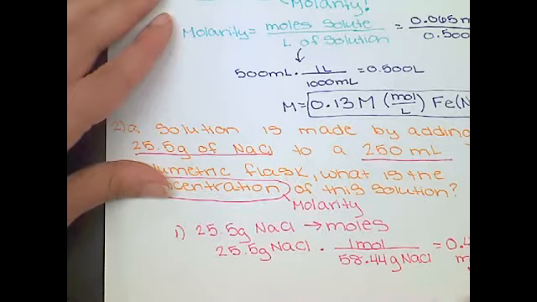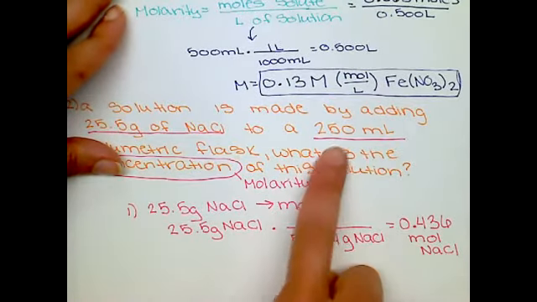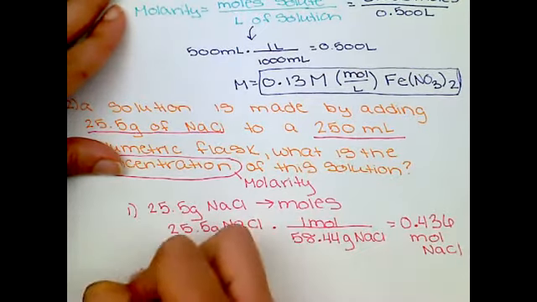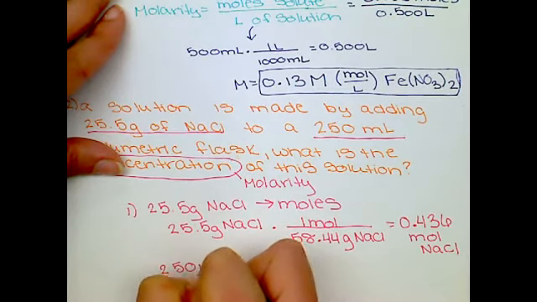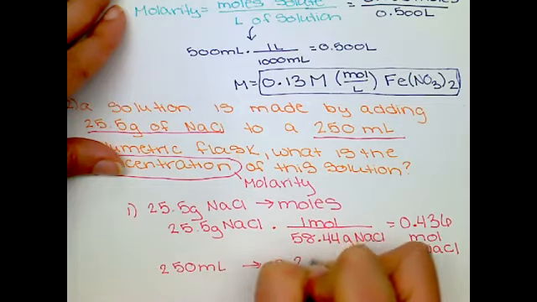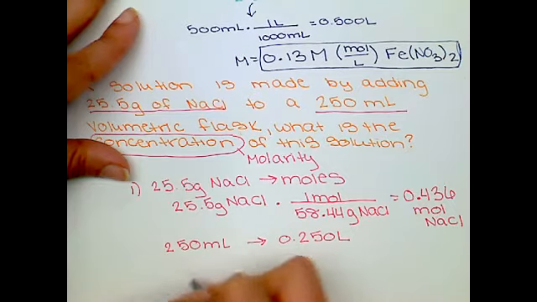Now that I have my moles, I can start plugging this into the equation. I know my volume. I just need to make sure that I convert that into liters. So we take our 250 milliliters, and that ends up being 0.250 liters. Now I can plug this into the equation.